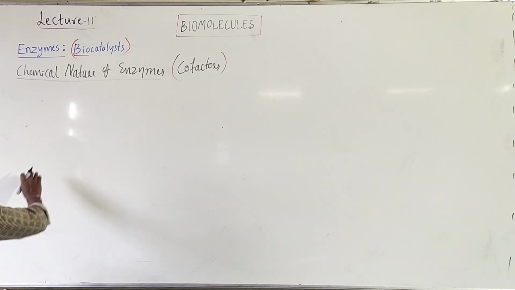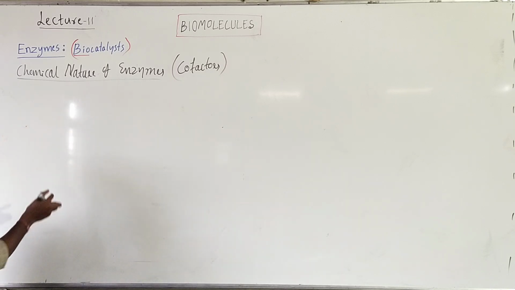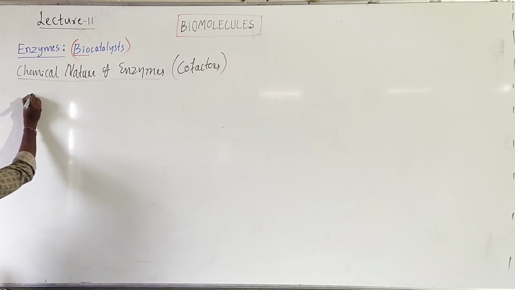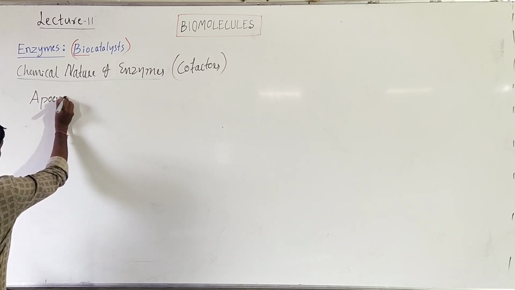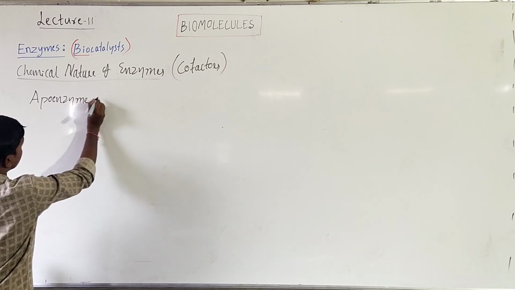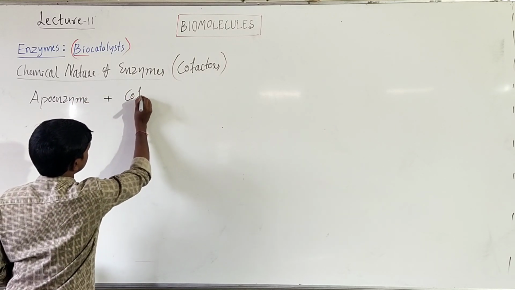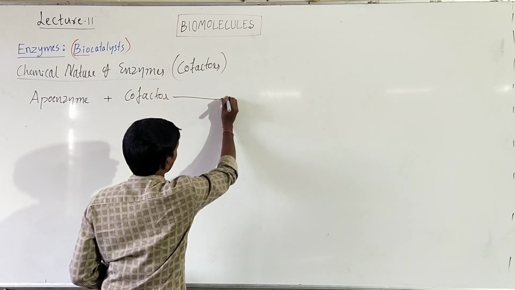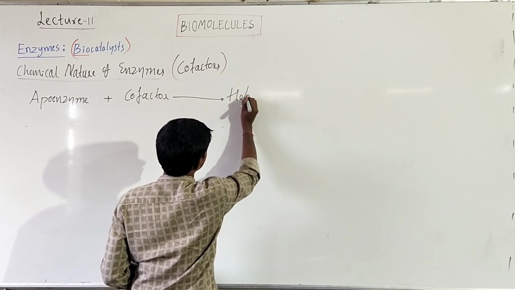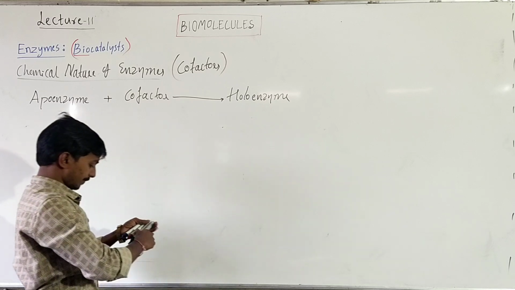So here we have two terms: apoenzyme plus cofactor equals holoenzyme.